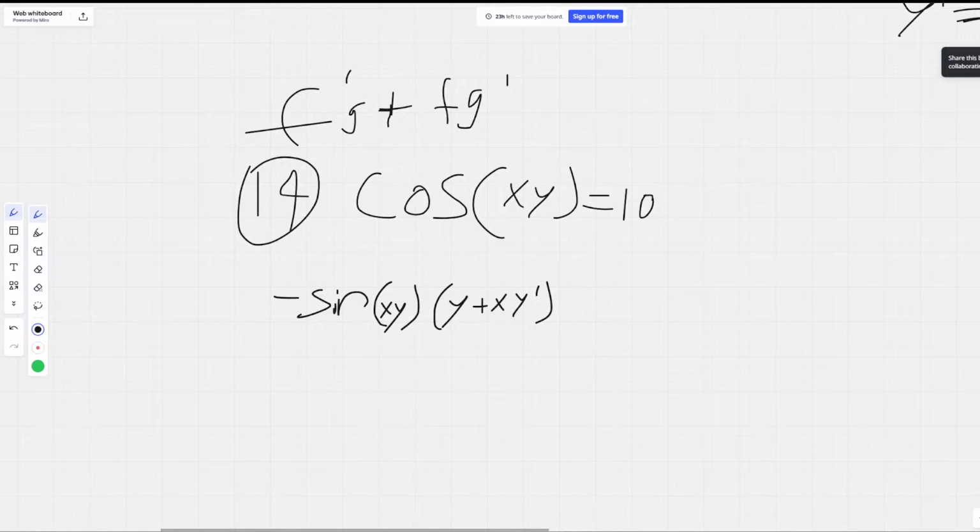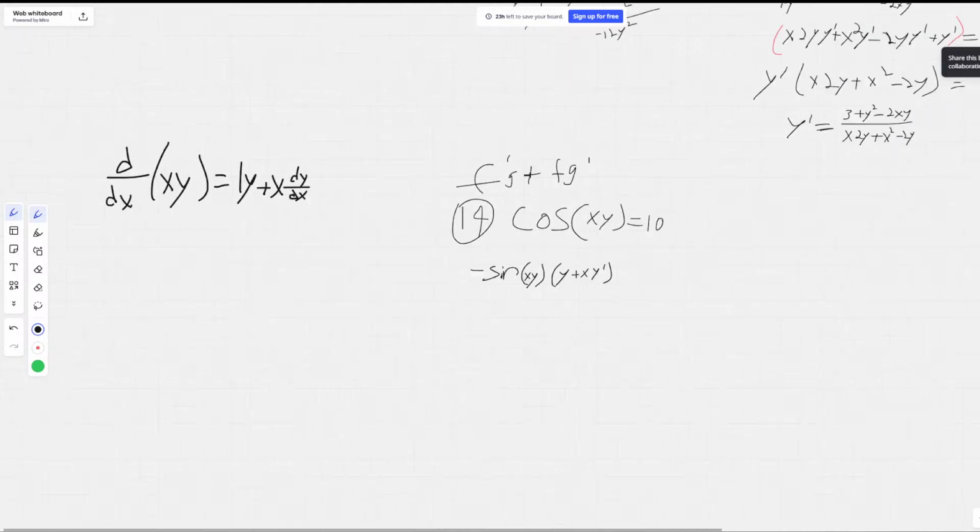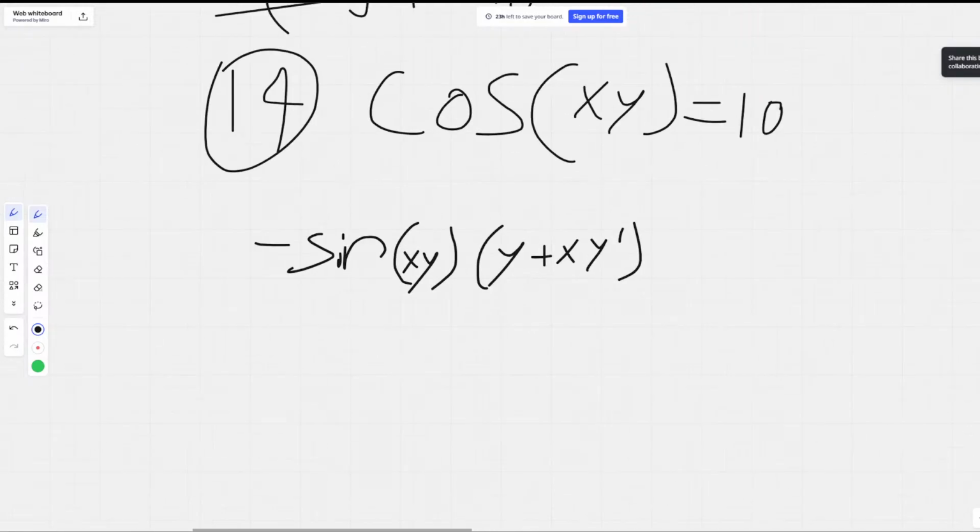What I did was the wrong thing. I left g as its own thing and then did the product rule for g. That is not what you do.